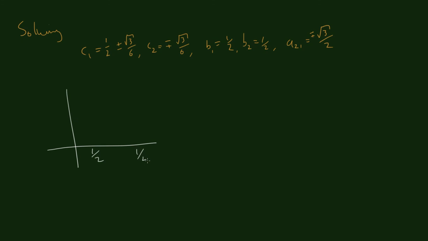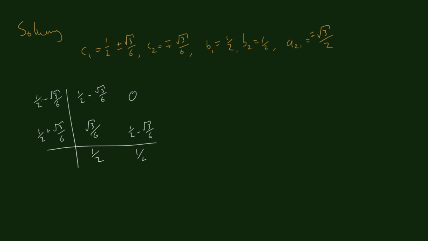If we had, let's say, 1/2 minus root 3 over 6, we'll have 1/2 plus root 3 over 6. So that'll give us 1/2 minus root 3 over 6, which has to be the same, so that's C1, and that's the other one, and we all have plus root 3 over 6 here.